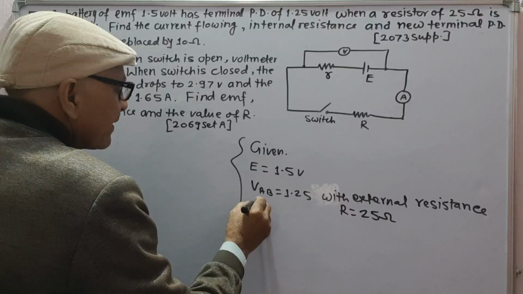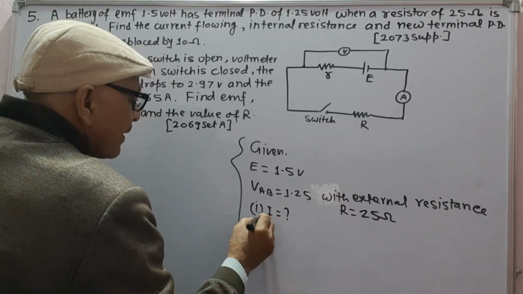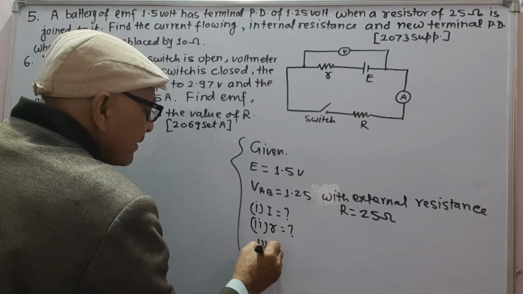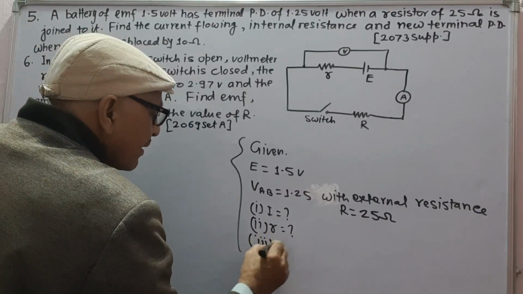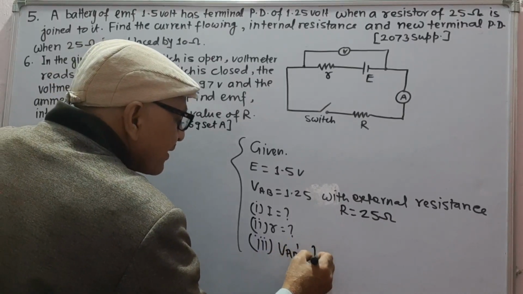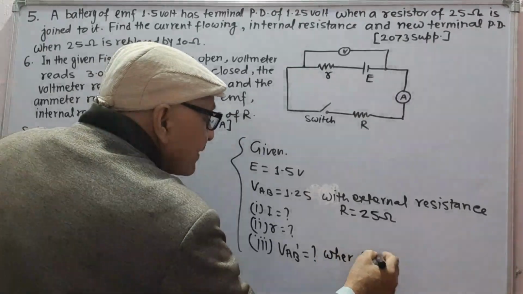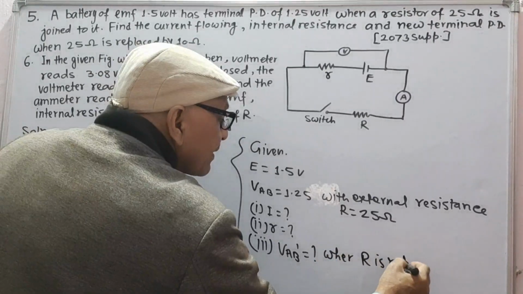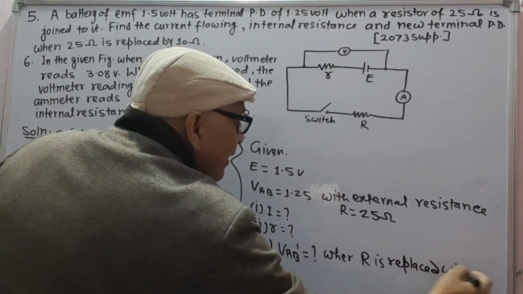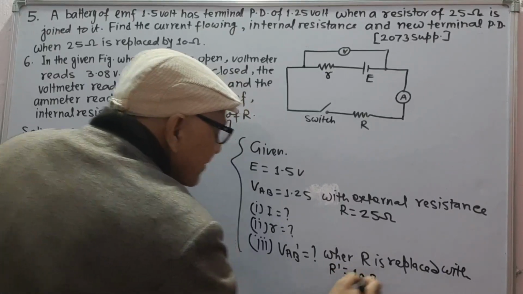We have to find current, internal resistance and new terminal PD VAB dash when R is replaced with R dash is equal to 10 ohm resistance.